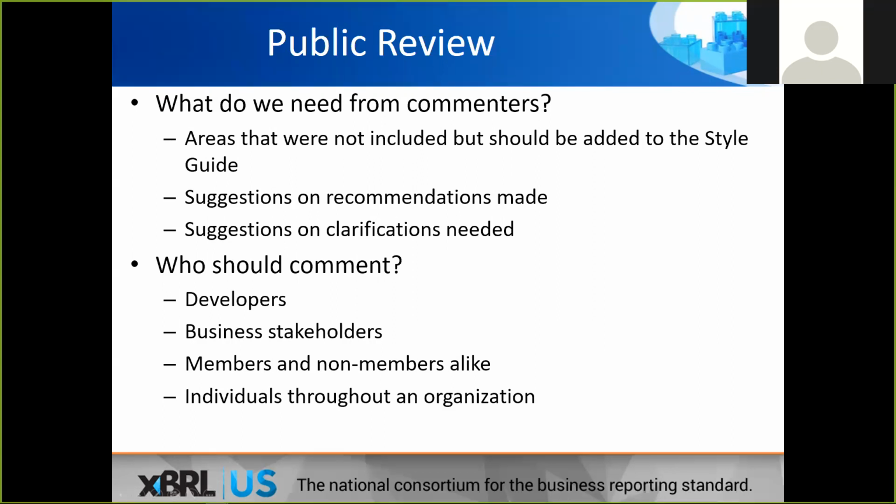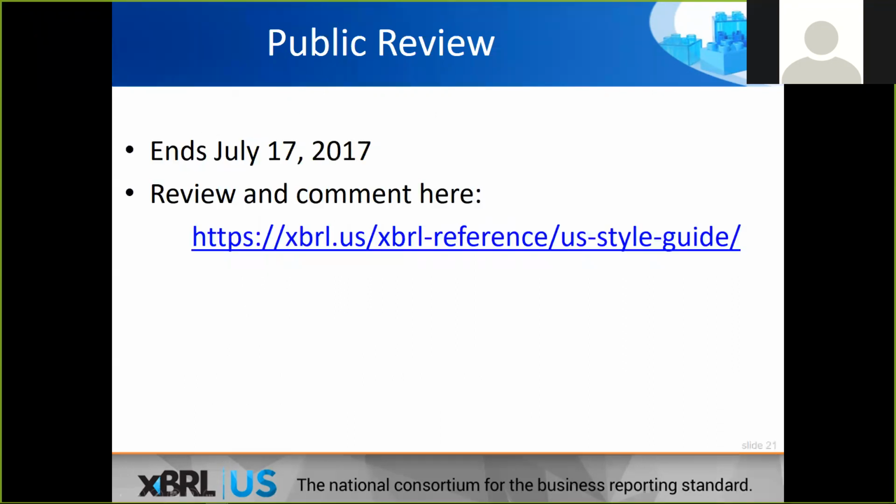This is open to the public. And it can be through individuals or an organization, and it can be any type of an organization. It can be educational, it can be business, it can be NGO, it can be government. We don't really care, we just want the input. And the comment period is going to be open until July 17th. So we're going to assemble all the stuff together then, and then come up with a final on that.